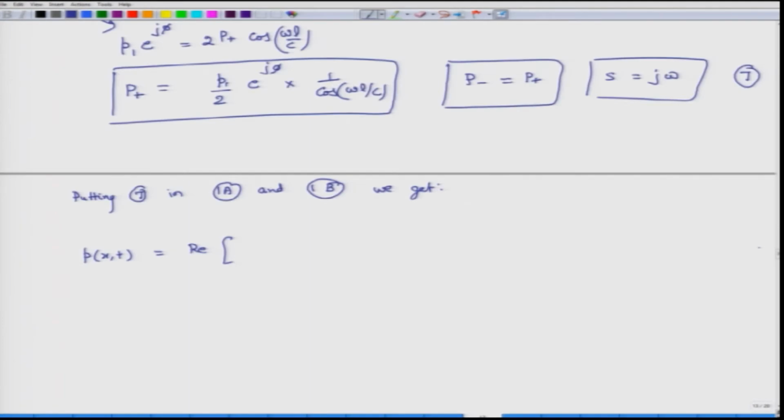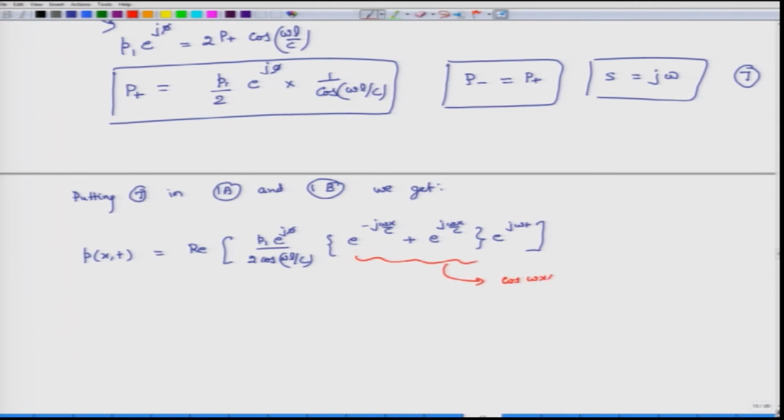This complicated thing. So, it is P1 e to the power of j phi by 2 cosine omega L over c, and in parenthesis I get e to the power of minus j omega x over c plus e to the power of j omega x over c, times e to the power of j omega t. So, this is my equation for pressure.